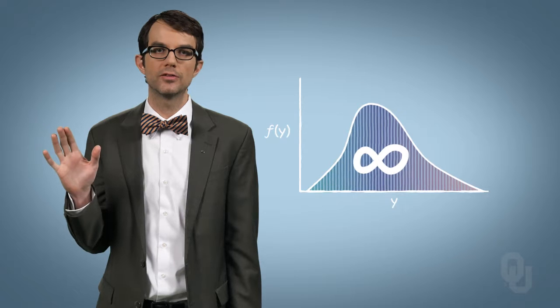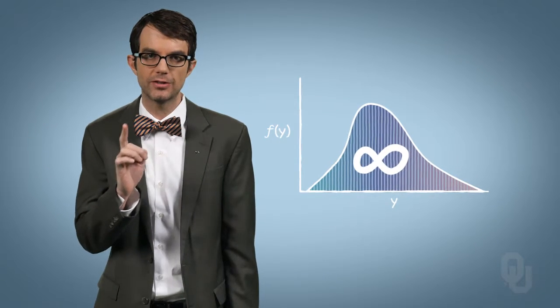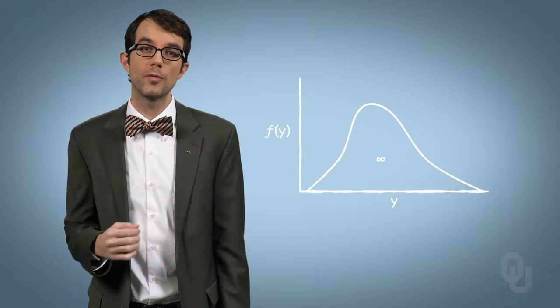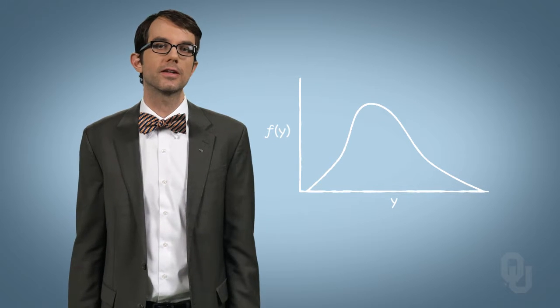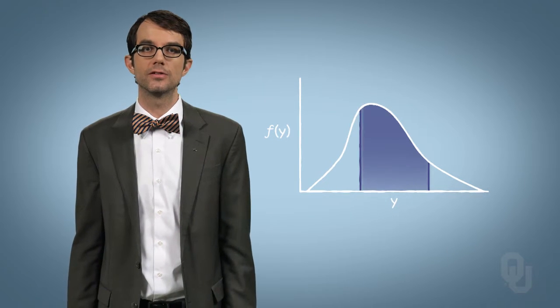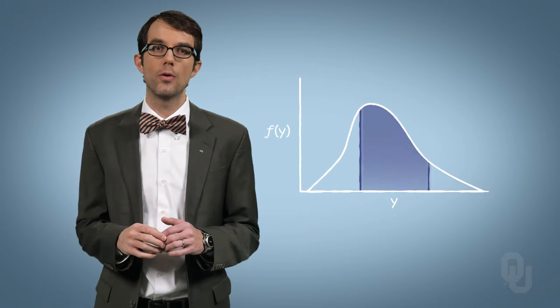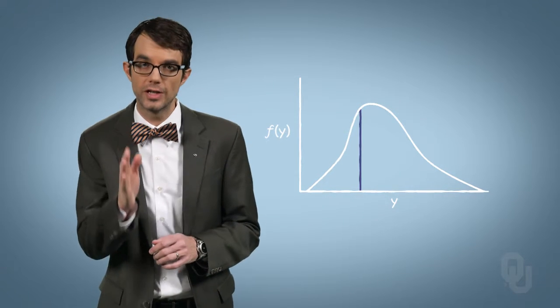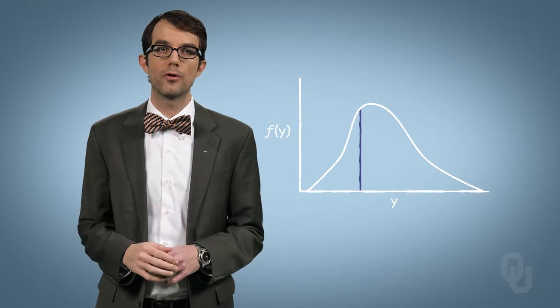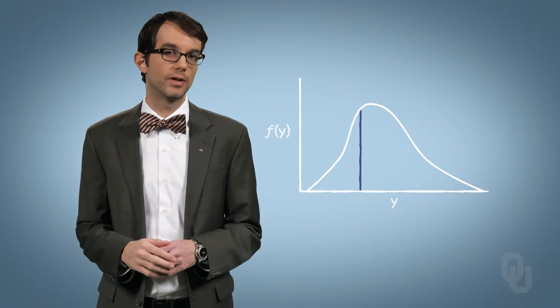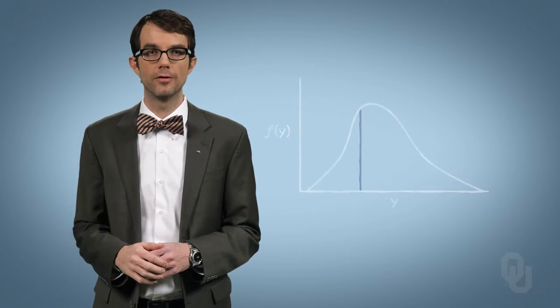There are way too many possibilities for any one realization to actually have a probability. And from a mathematical perspective, we calculate the probability of a range of realizations under f of y between two values. So naturally, there's no area under the curve for a single point. Therefore, the probability of a single realization of a continuous random variable must be 0.